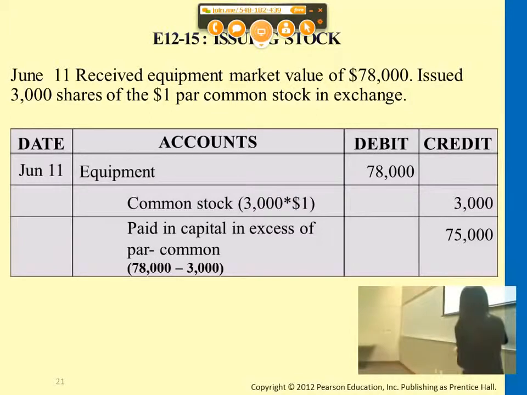So again, if we post this to T accounts, you have common stock, right-hand side, additional $3,000, paid-in capital, additional $75,000. And earlier we had preferred stock at $15,000.